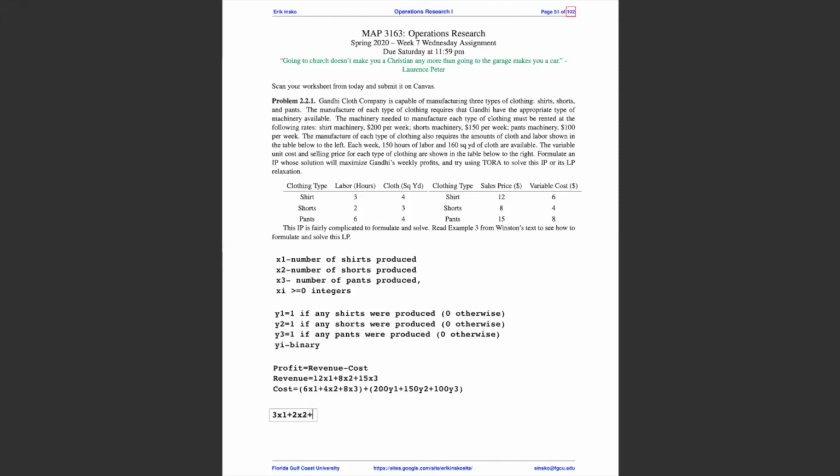So we'll multiply those respectively to the numbers that are produced, and we have a total of 150 hours of labor available. And the next constraint is about the cloth. That's how much cloth we use for each of them. So 4 for shirts, 3 for shorts, and 4 for pants. And we have a total of 160 square yards of the cloth. So those are our subject to constraints.